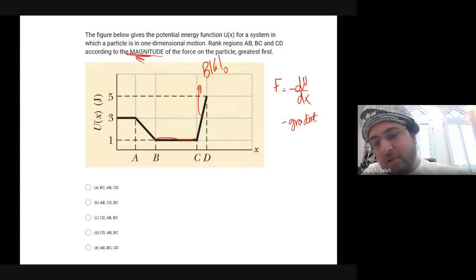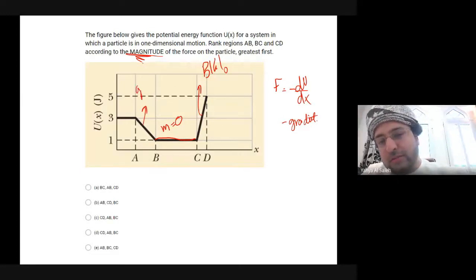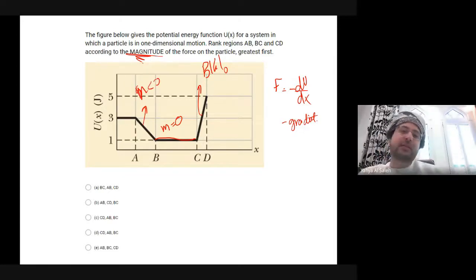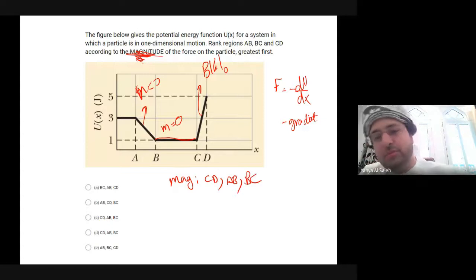BC has a gradient equal to 0, because it's a straight line, so its gradient is 0. AB also has a gradient, and here the gradient is less than 0. Now, because it said according to the magnitude of the force, not the force itself, the biggest is CD, then AB, then BC, which is 0. So this one, C.